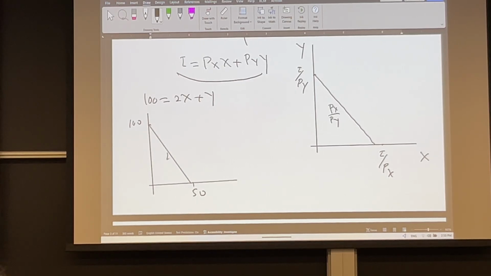You automatically get a slope equal to 2. That is 100 divided by 2, and that's 100 divided by 1. For the time being, we assume the price is constant, the income is constant. But what happens if you change the income?